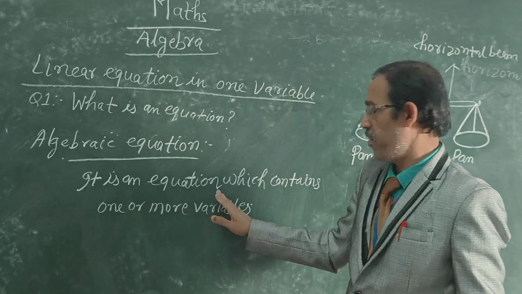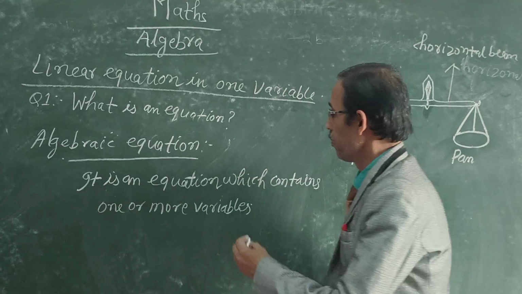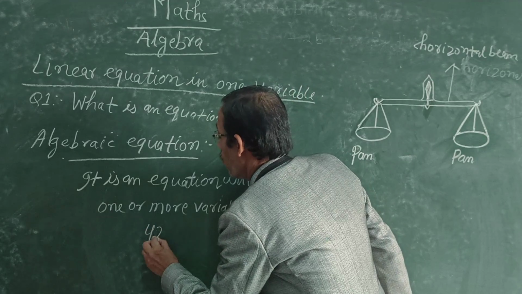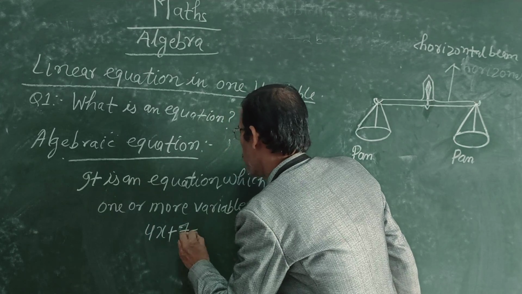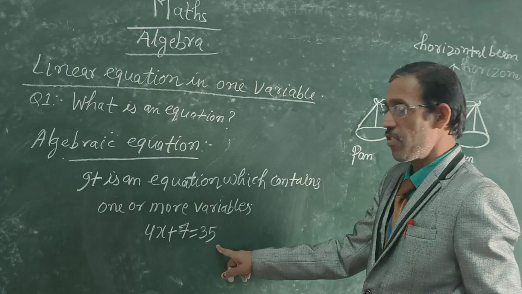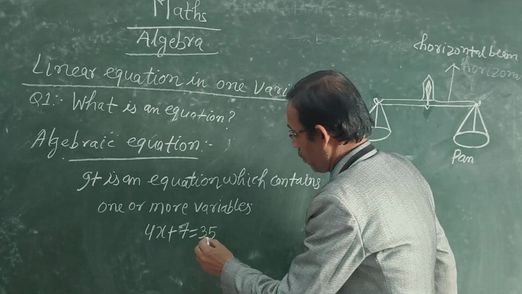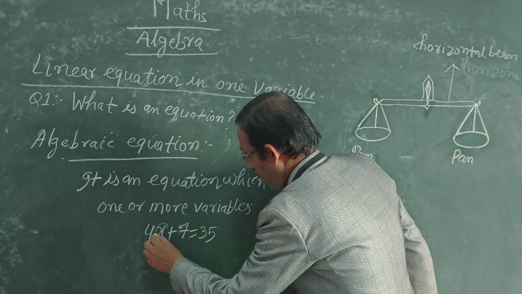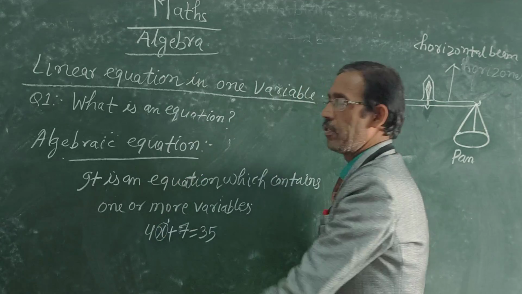Thus, 4x plus 7 is equal to 35 is a linear equation in one variable. It contains variable x of first degree.